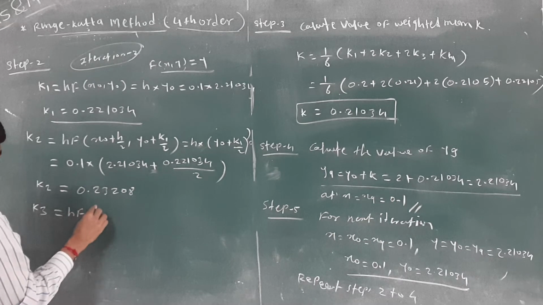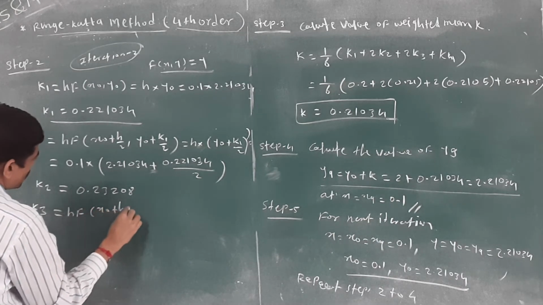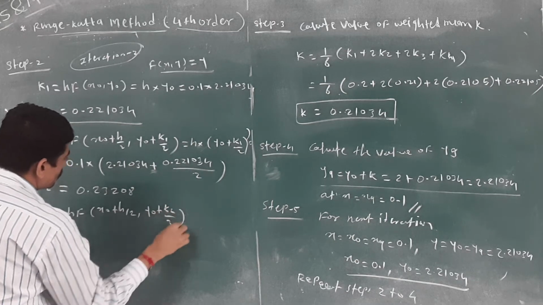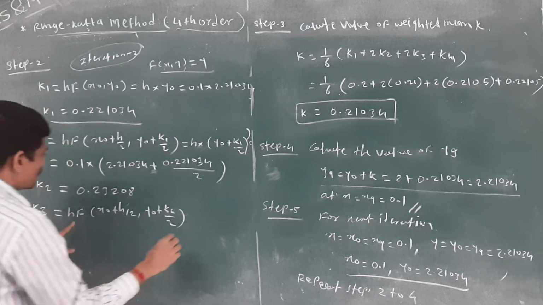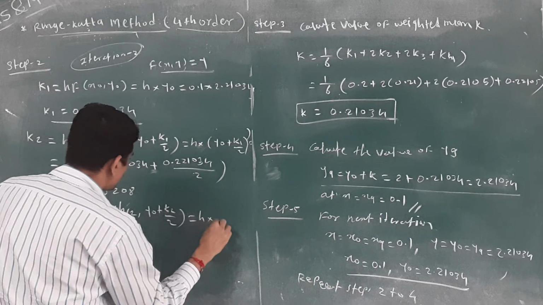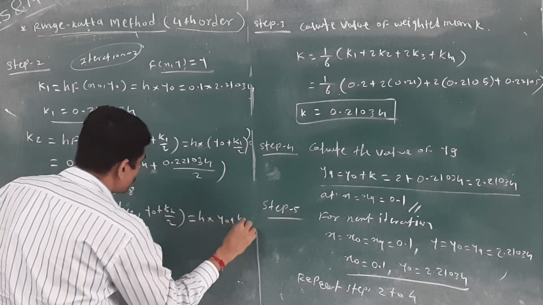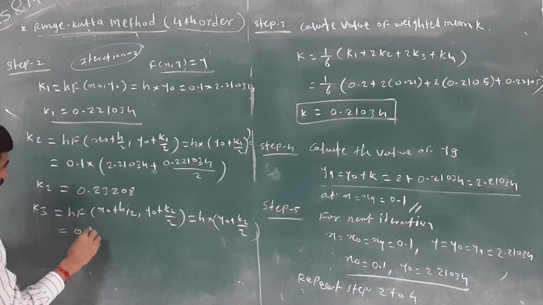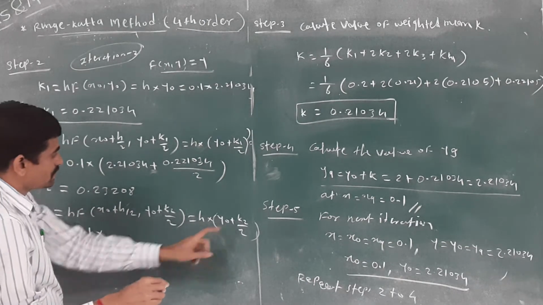Then in a similar way calculate the k3. k3 is equal to h f of x0 plus h by 2, y0 plus k2 by 2. This one gets cancelled, so you will get only h into y0 plus k2 by 2. Put the values in that equation: 0.1 into what is the y0?